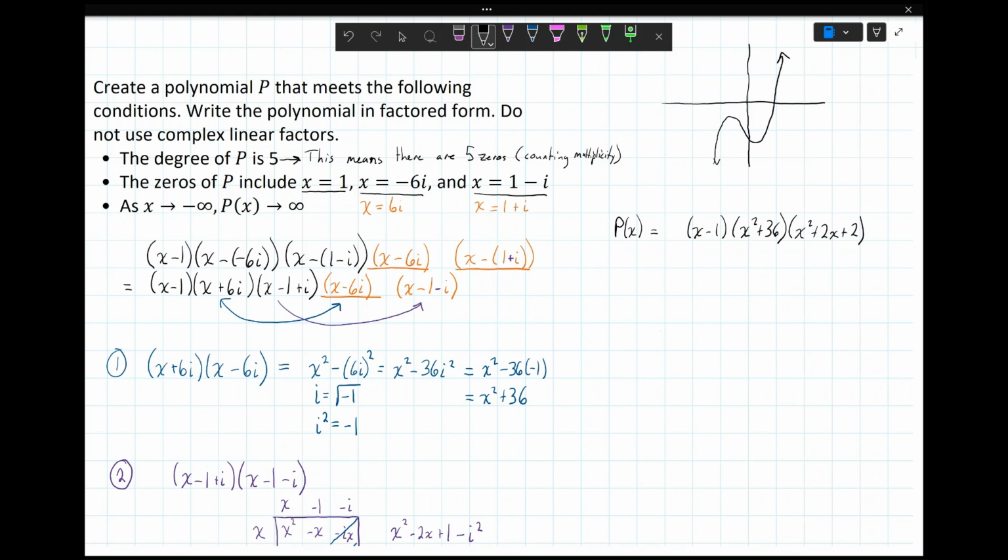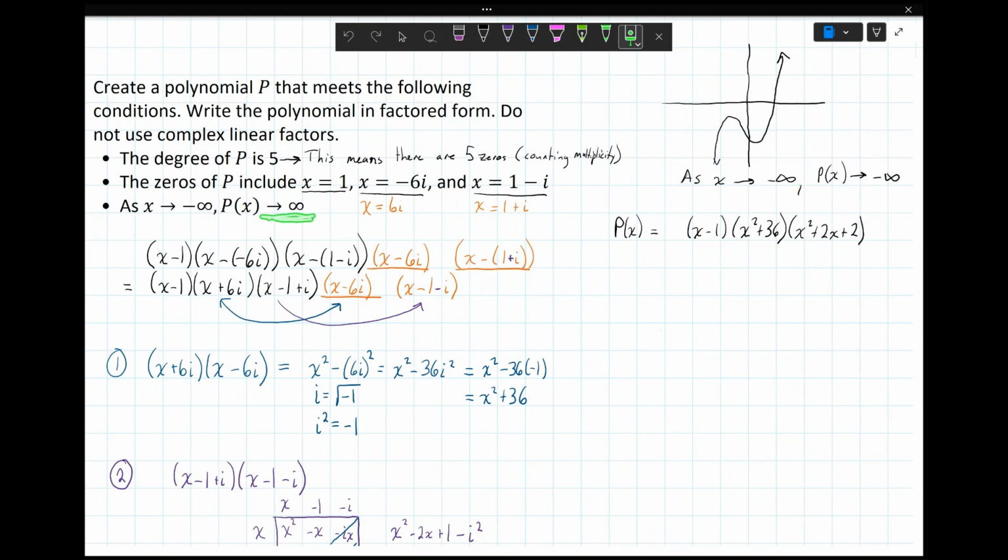And you'll notice in this case, as x goes to negative infinity, P of x goes to negative infinity. We need to do something to change that. Because right now, as I go to the left, as I go to negative infinity, I'm going down, whereas the problem asks me to make it go up.